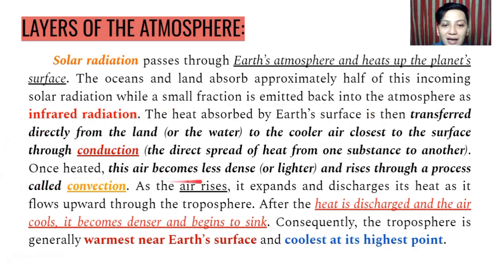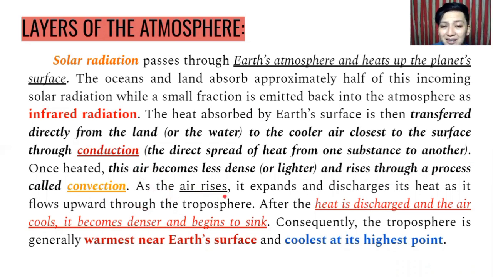Once heated, this air becomes less dense or lighter. Mas gumagaan kasi ang air kapag naiinitan and rises through a process called convection. Kaya di ba kumukulo yung tubig, umaangat yung mga bubbles because the air inside the water becomes lighter, gumagaan in the process of convection. Kaya sila umaangat-angat, nagiging water vapor.